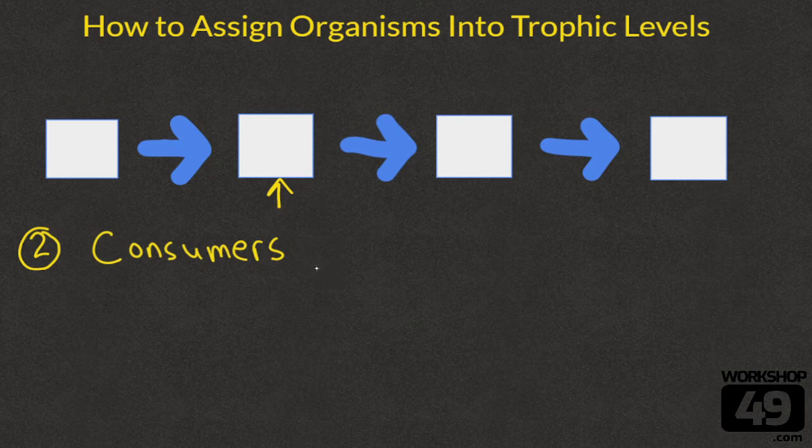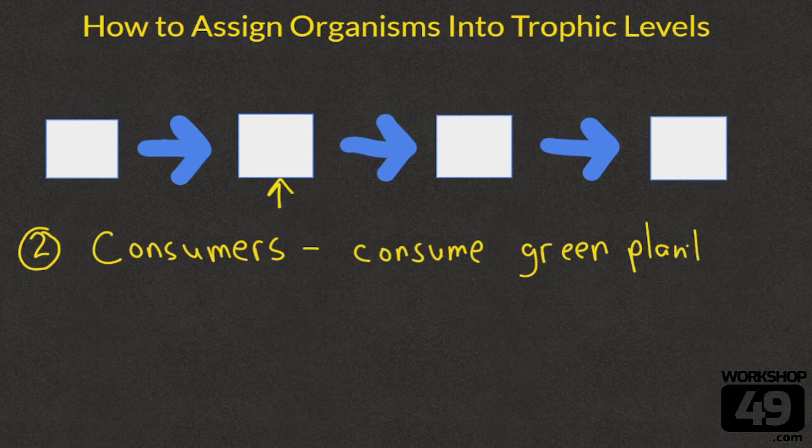They have to eat something. But the consumers in the second level are special because they consume green plants. That's what makes the second trophic level special. They consume green plants. They don't eat meat.